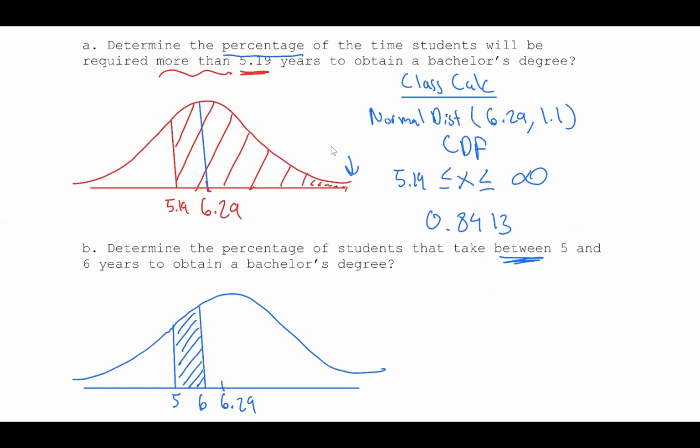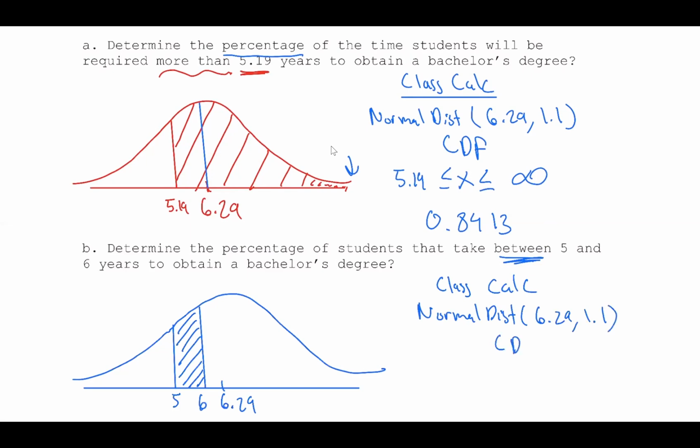Right. So for this one, we're going to figure out how to do it in ClassCalc. So in ClassCalc, we'll do normal distribution. We'll say mean is 6.29. We'll say standard deviation 1.1.